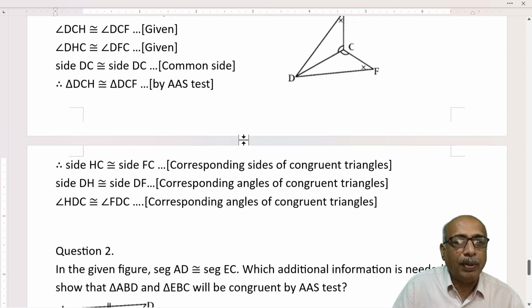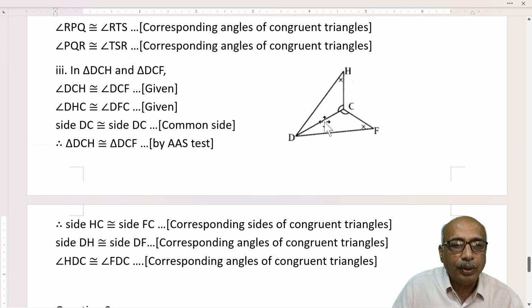Therefore, the remaining side will be HC congruent to FC. This side congruent to this side. And DH congruent to DF. DH congruent to DF, HC congruent to CF.